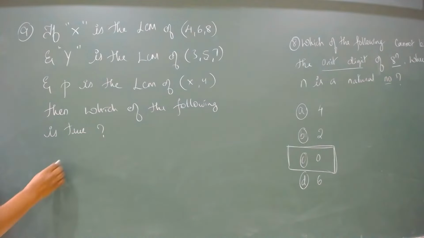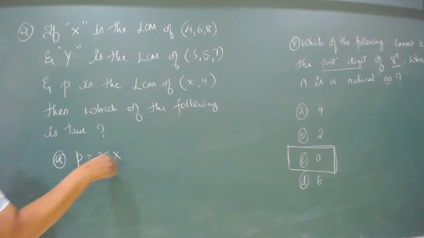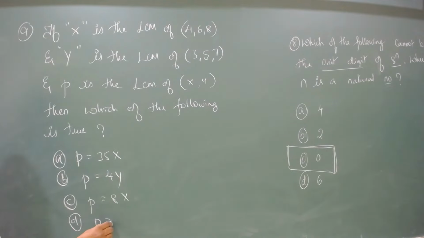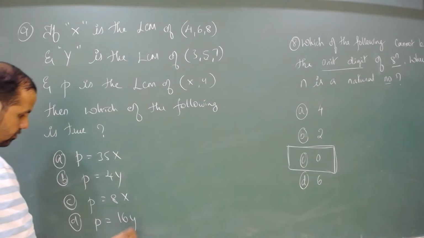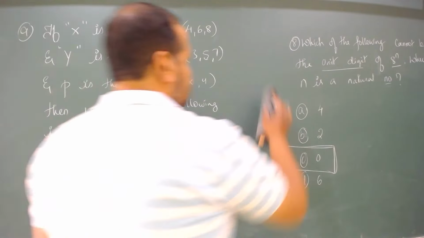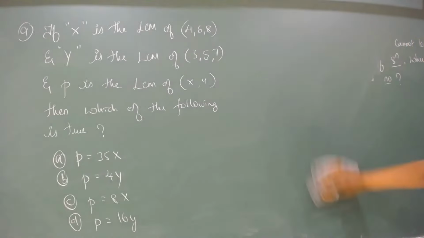Option A, p is equal to 35x. Option B, p is equal to 4y. Option C, p is equal to 8x. Option D, p is equal to 16y. Okay. Yes, the descriptive part is clear.